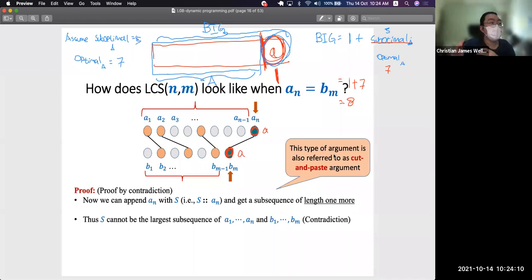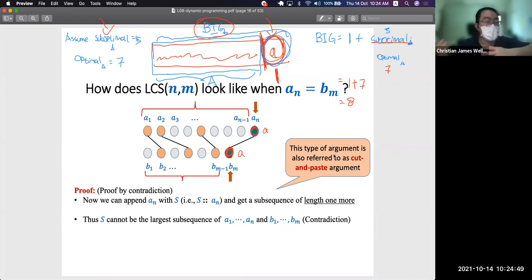To go through it from the top, the cut and paste argument is usually used to prove the optimal substructure. You say, I want to solve for the big problem. I break it into the last part that matches plus a smaller subproblem A. And I claim that I might be able to use the suboptimal result of A to reconstruct an optimal answer for big.